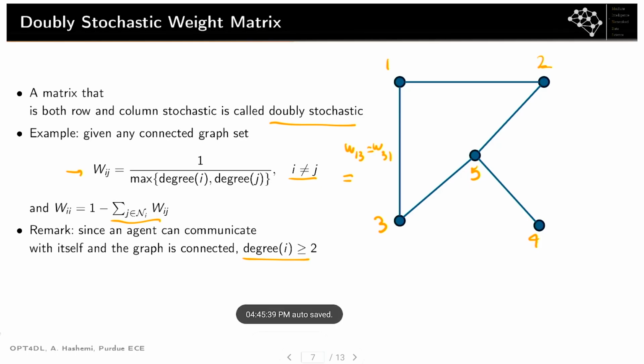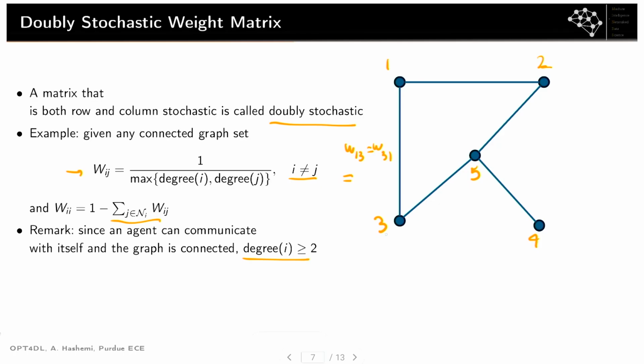Using this formula, I go and check the degrees of node 1 and node 3. Each node has 3 neighbors. For instance, 1 is connected to 2 and 3, but also to itself. So the degree of node 1 is 3.